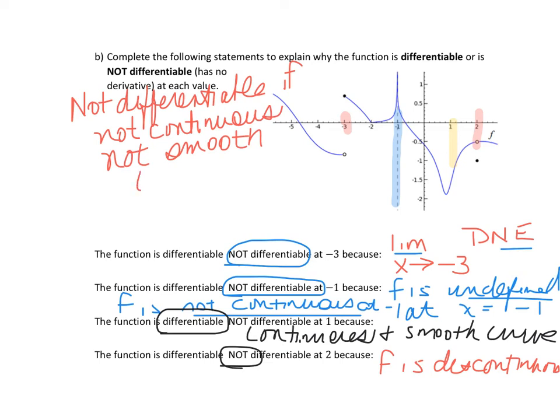In other words, the word for it being not smooth is sharp corners or cusps. And it is also not differentiable at endpoints.